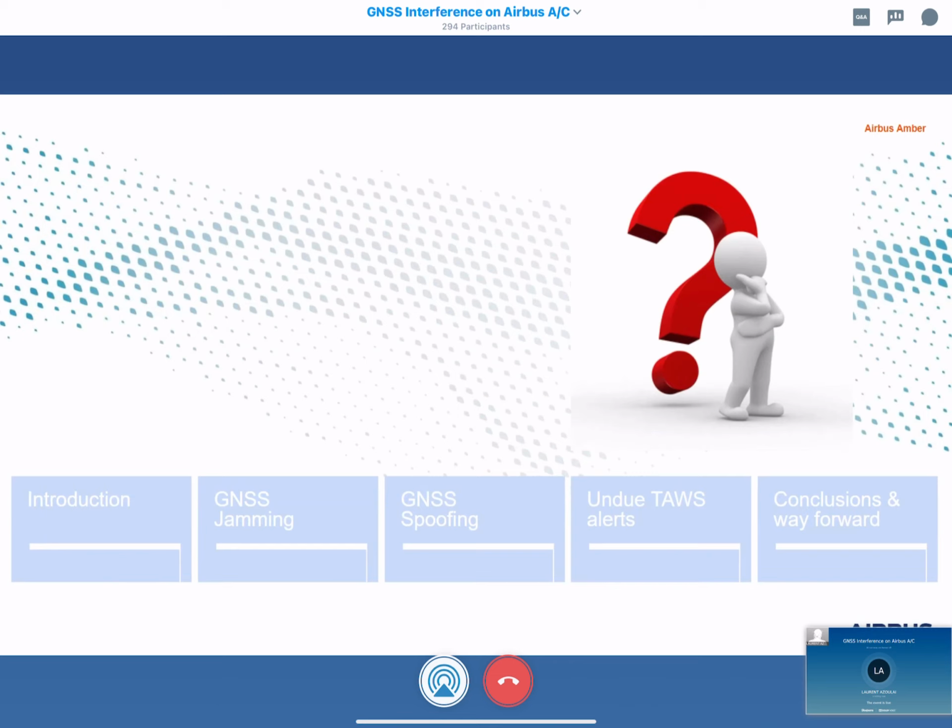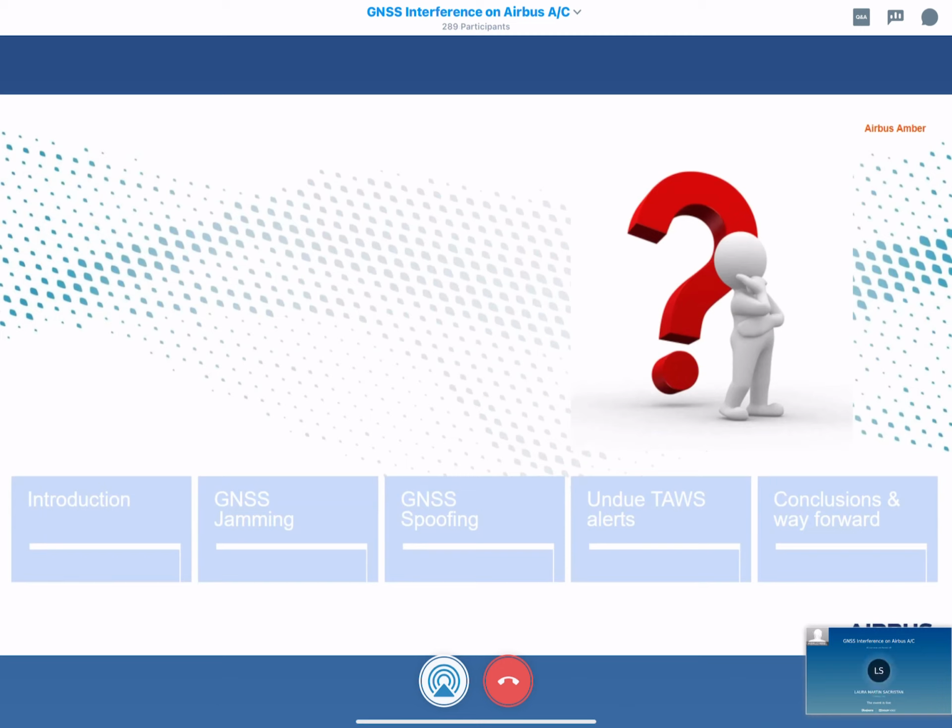Therefore, if SBAS is affected, it would affect the SLS function, for instance, or if GBAS is affected, it would affect the GLS function. It will also affect the GPS pure position, so it would affect GPS data as well. And so the detection mechanism that we have shown earlier will be successful, as it would be detected by the ADS part. So far, we have not observed such events in the field. Thank you, Laurent.